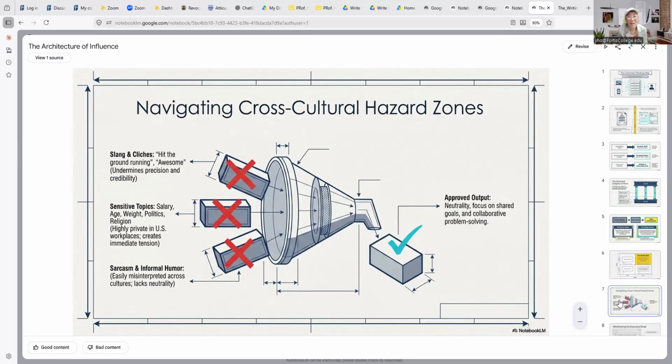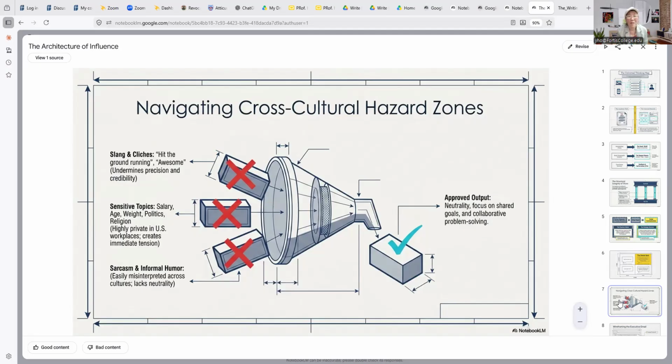So when you're navigating cross-cultural hazard zones, avoid using slang and clichés. Hey, yo! We don't say yo, obviously, in a business context. Hey there, hey you there. We don't do that either. Avoid sensitive topics like salary, age, weight, politics, and religion, which are all considered very highly private in US workplaces.